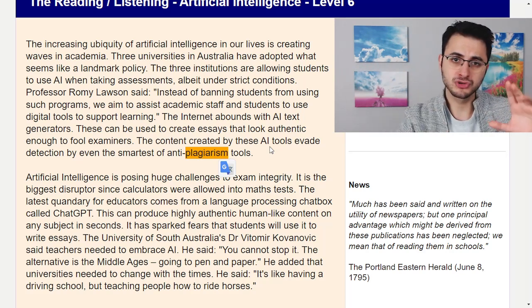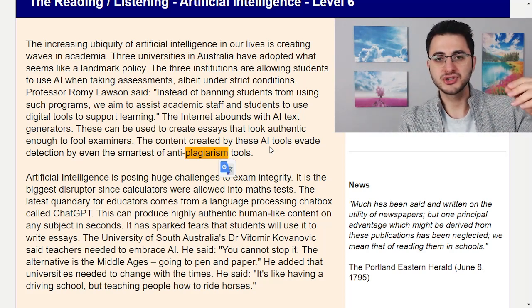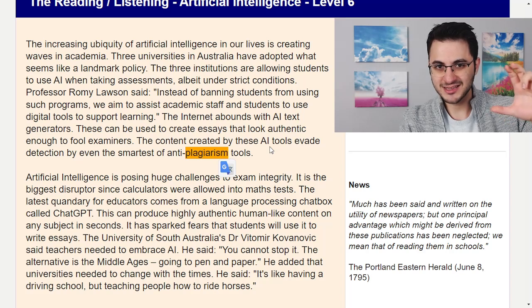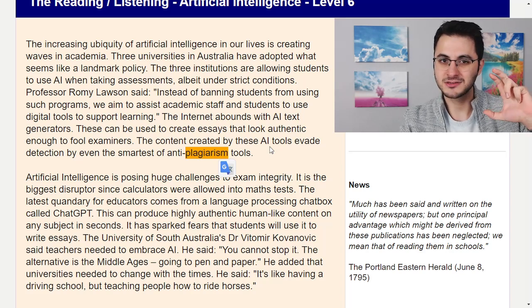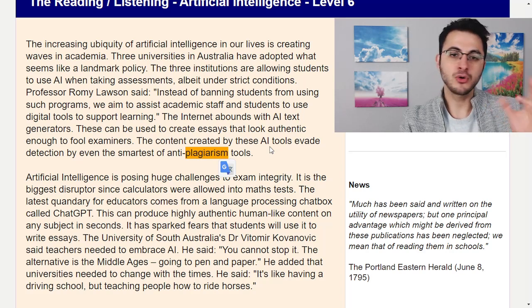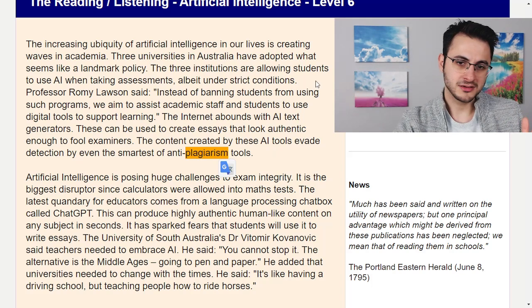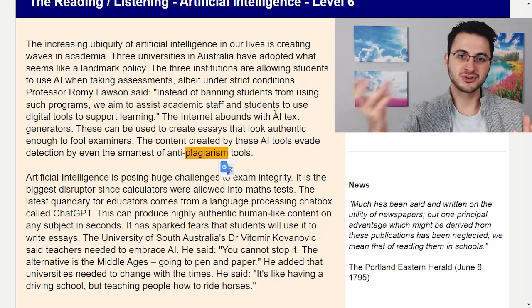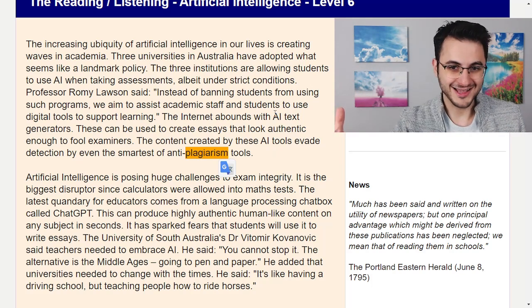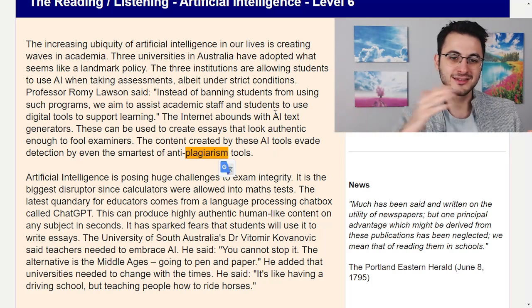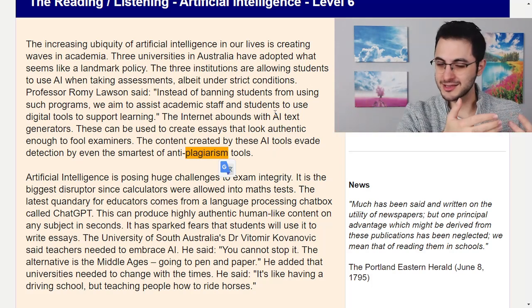And now there are tools that measure if your text was generated by AI or if it's written by a human. And it's a constant war, actually. People who create AI text generators keep creating better AI text generators. Some are creating more humanized AI text generators so that the plagiarism tools can't tell the difference.